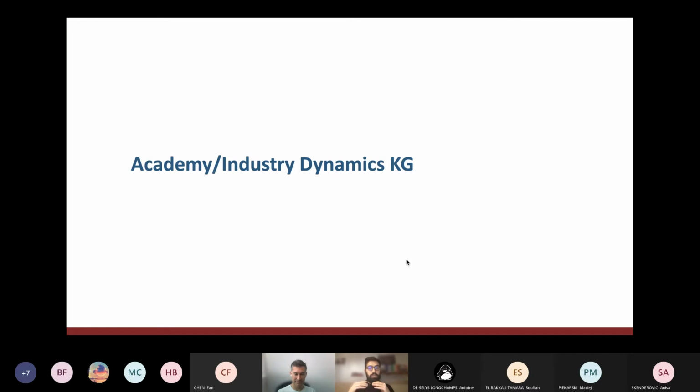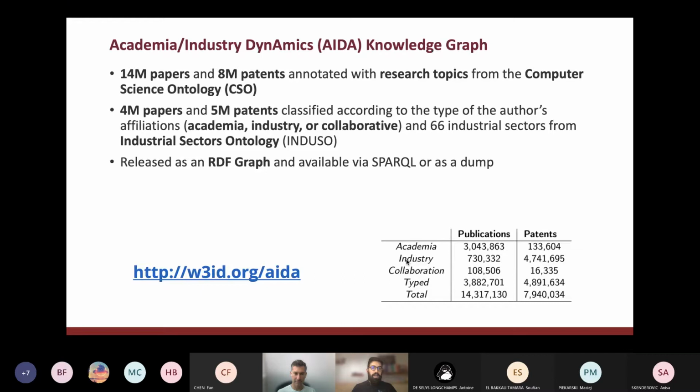So AIDA is, as the name says, a knowledge graph that consists of 14 million papers and 8 million patents that have been annotated with research topics from the Computer Science Ontology.